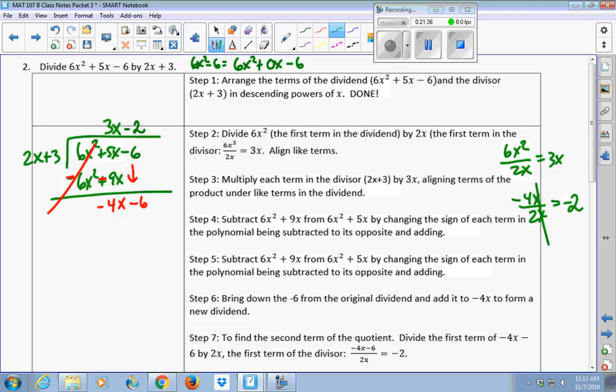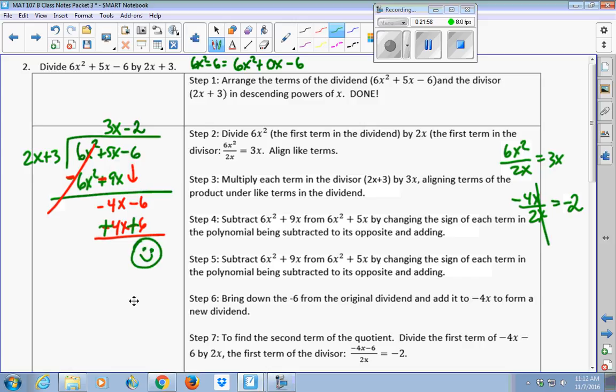And negative 2 times 2x plus 3 is negative 4x minus 6. And you're really happy when you see that, because that's identical to what you had above it. And so when you change the signs, you get a nice big fat 0 there, and that tells you that 2x plus 3 is a factor.